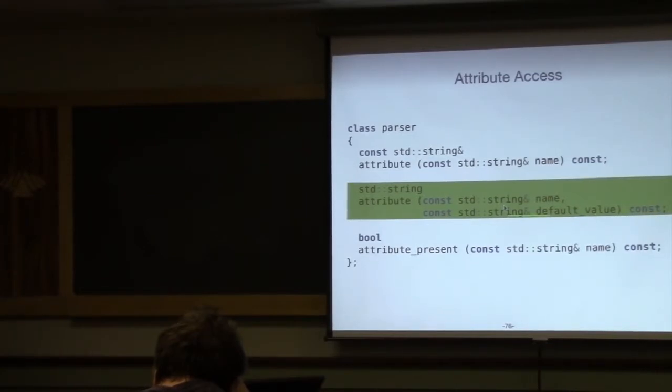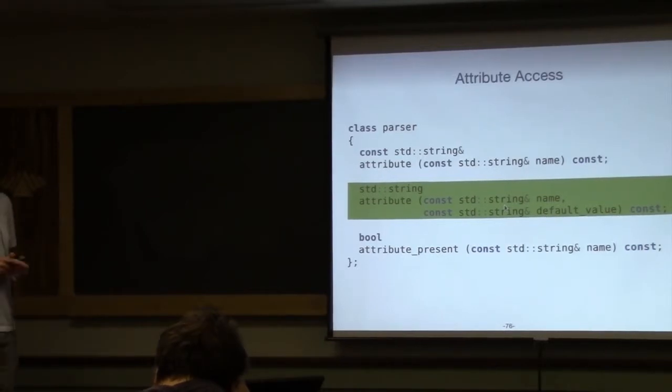We can just use basically the one with the default value. The reason why you might want to do that is if you need to compute the default value, and it's expensive, so you don't want to pre-compute it in case you don't need it. So there could be reasonable cases.